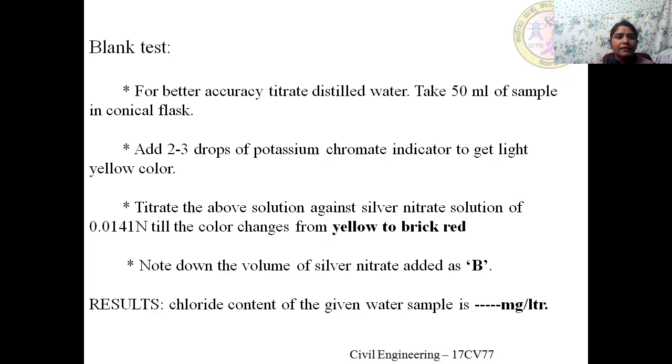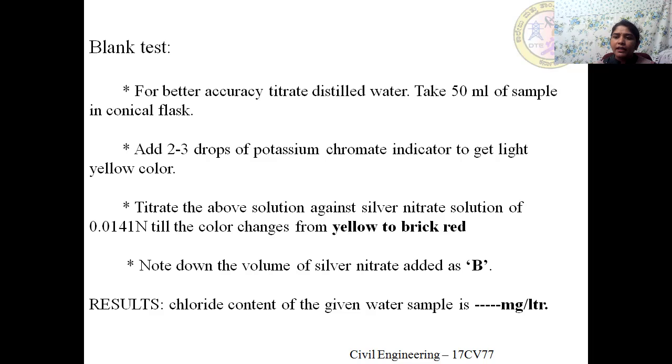Moving on to the blank test. For better accuracy, we are going to titrate with distilled water. Measure 50 ml of distilled water and transfer it to a clean conical flask. Here, we are not adjusting the pH because distilled water has a neutral pH around 7.